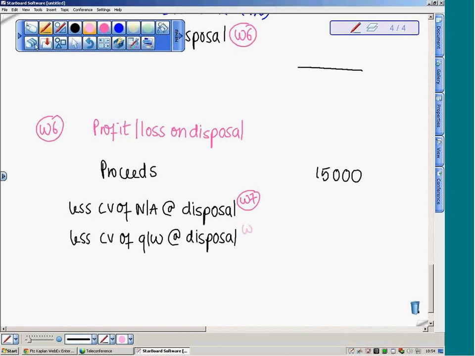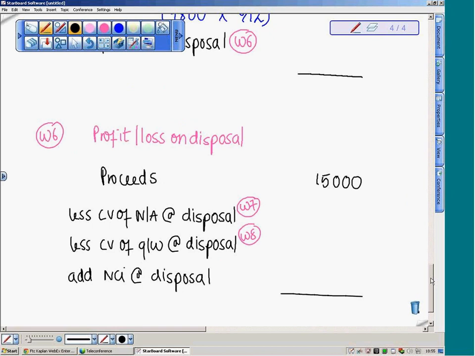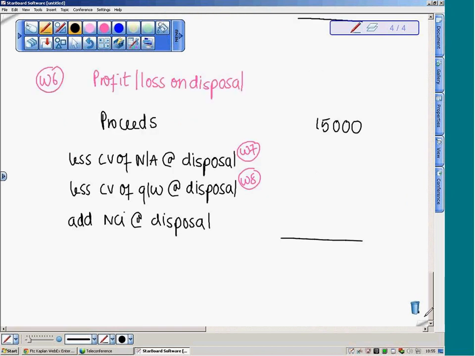And I'm just going to recreate that working in a working 8. So I'm going to add back NCI at disposal. So this formula is looking slightly incomplete. I need to plug in all the relevant numbers. I've just run out of space there at the bottom, so I'm going to take a new piece of paper and fill in all the respective numbers.